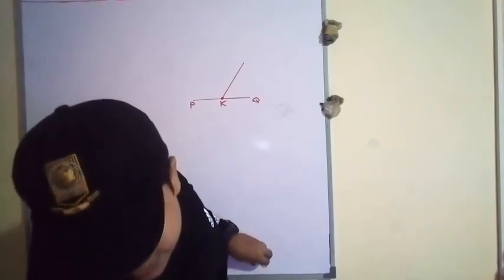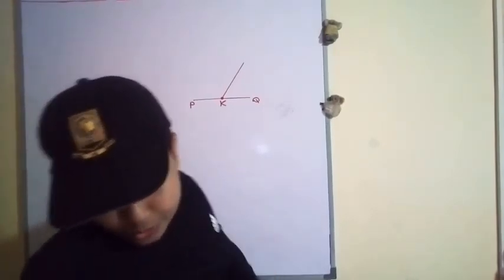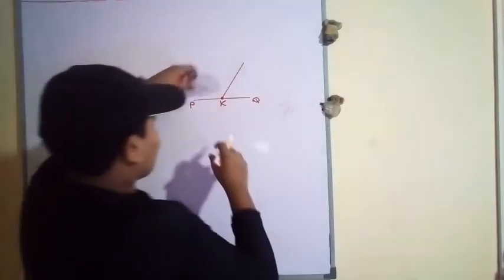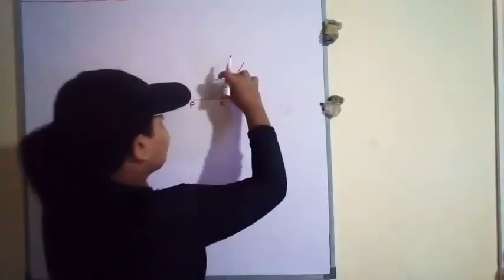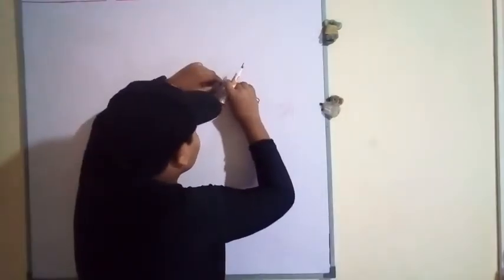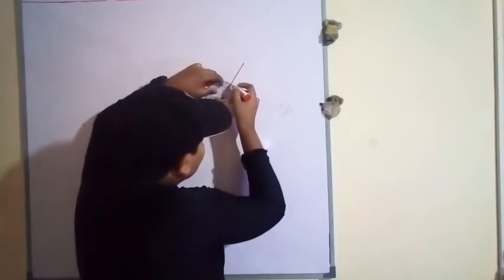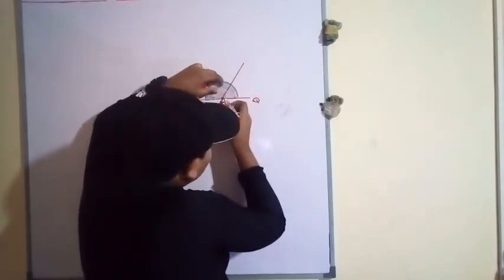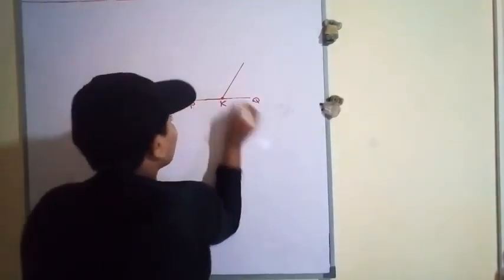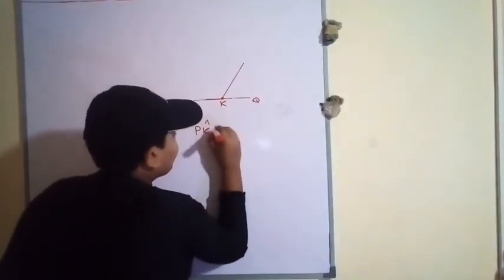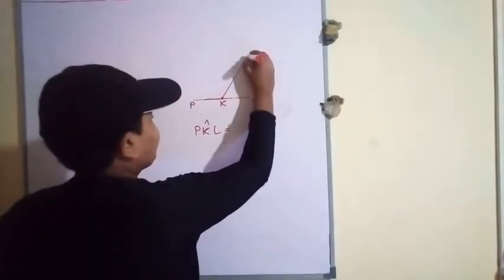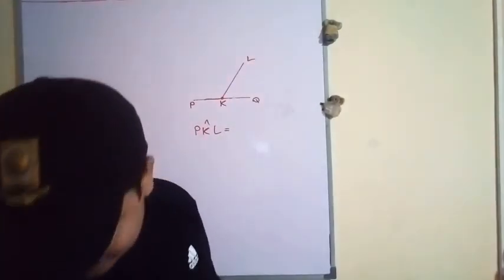Measure PKL and QKL using the protractor and write down their magnitudes. Let's find that. Now you want to keep this point in there and measure this point, here 130. This is L, right?